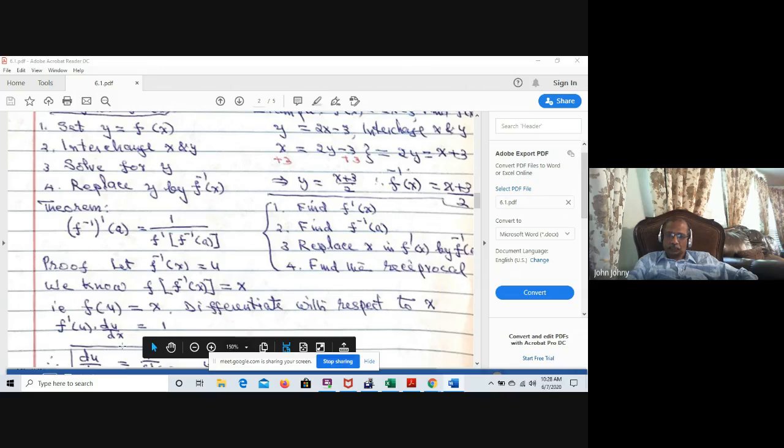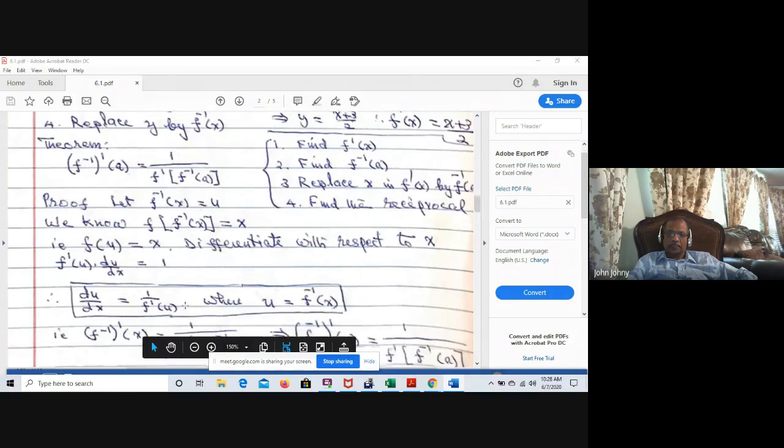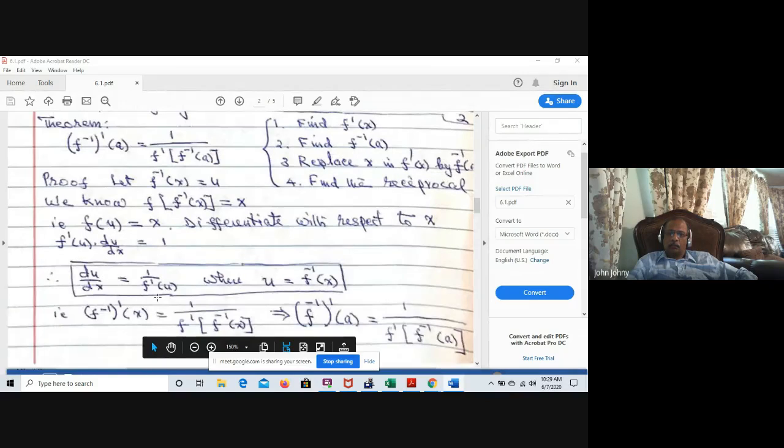That is the chain rule: first differentiate with respect to u, and then differentiate u with respect to x, and multiply these two. On the right side, the derivative of x is 1. So du over dx is 1 over f prime u, and f prime u is f prime of f inverse x. So the derivative of f inverse x is 1 over f prime of f inverse x, and replacing x by a, you get that result.